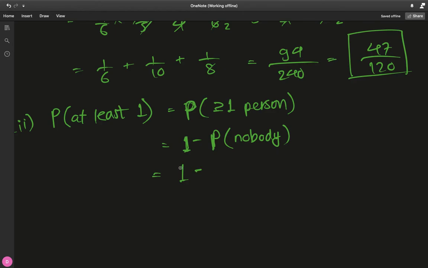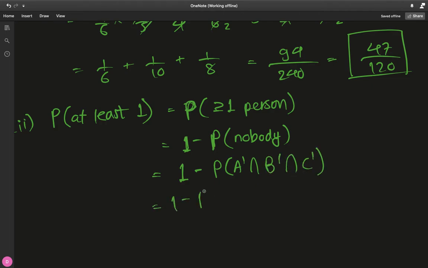So anyways, it's sort of a well-contained set. So nobody is the probability when A doesn't hit the target, B doesn't hit the target, and C doesn't hit the target.